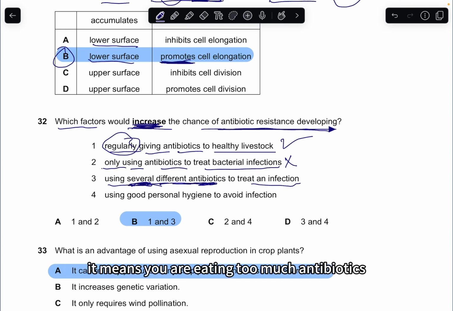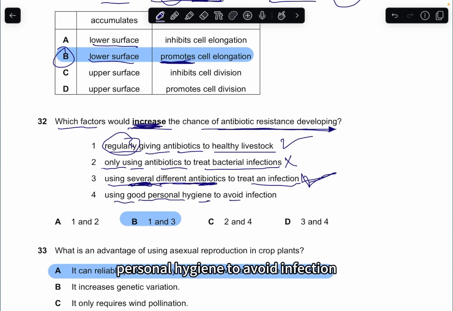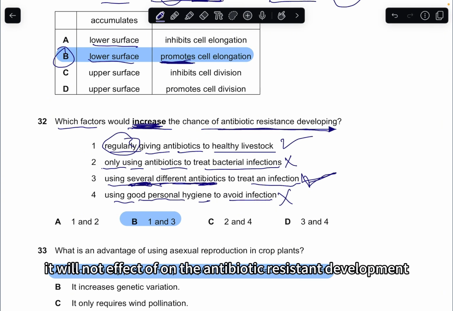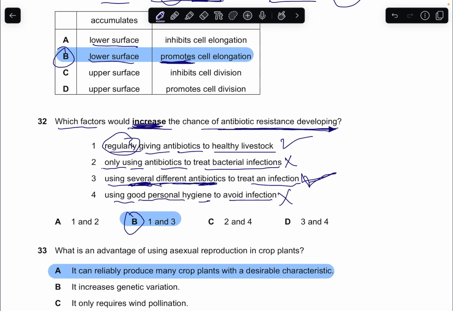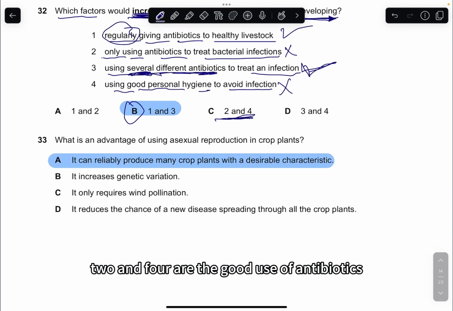It means you are taking too many antibiotics and two different types of antibiotics, so that can also cause the resistance. Using good personal hygiene to avoid infection, that's wrong, because that can help to increase your immunity. It will not affect antibiotic resistance development. So 1 and 3 are right. 2 and 4 are the good use of antibiotics.